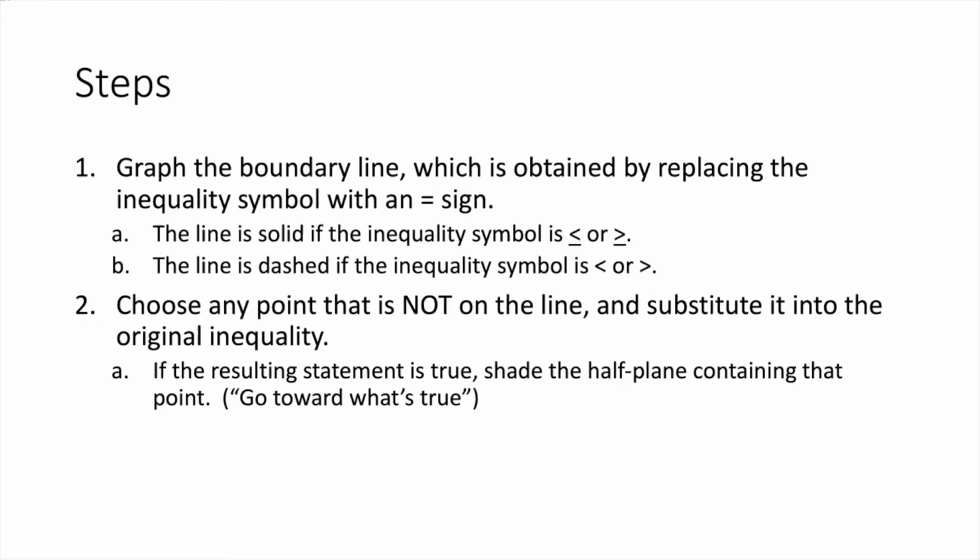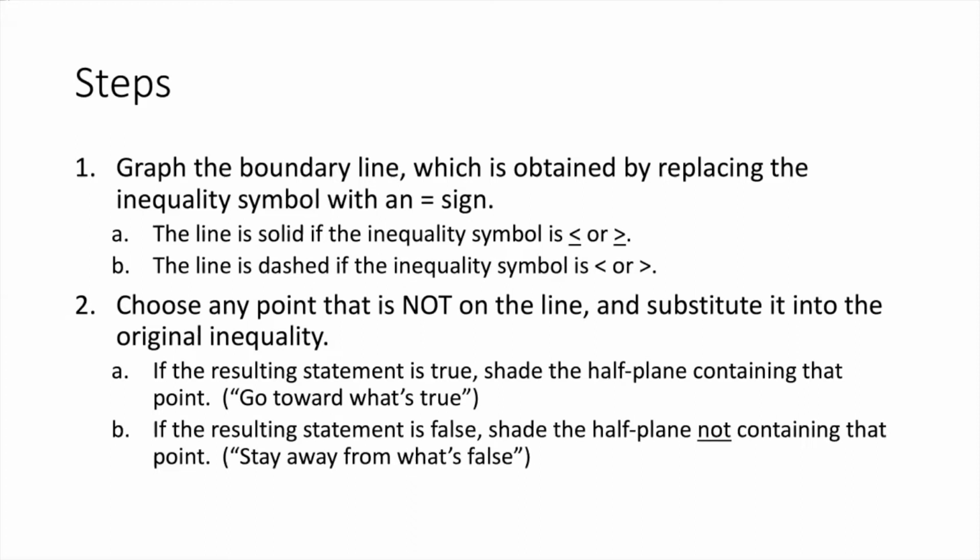So shade towards the point that made the inequality true. However, if your test point makes the inequality false, which it will sometimes, then you're going to shade the half plane that does not contain that point. So stay away from what's false. Go towards what's true, stay away from what's false.